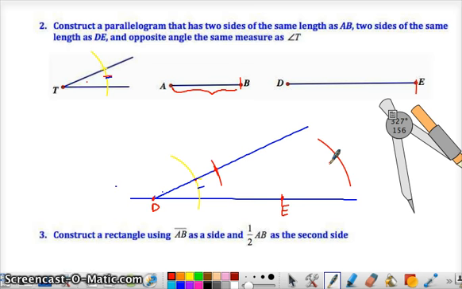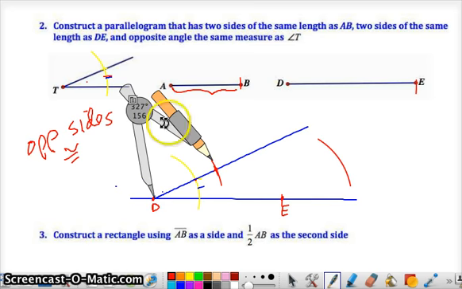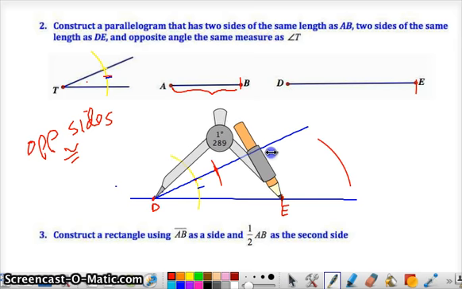So how do I make sure it's parallel? How do I make sure DE is going to be parallel to this one up here? Well, we know opposite sides are congruent. So I already have, this is going to be congruent, so now I have to measure the length of DE. So go out here, measure the length of DE.